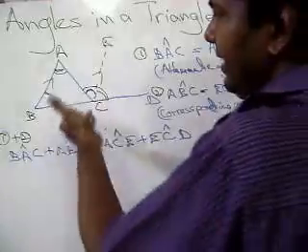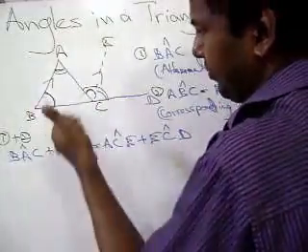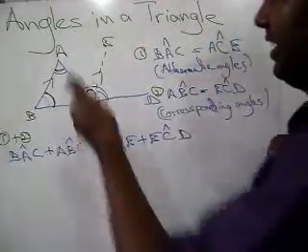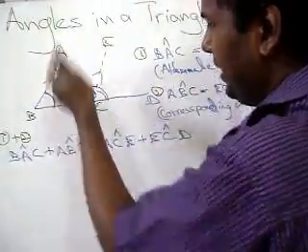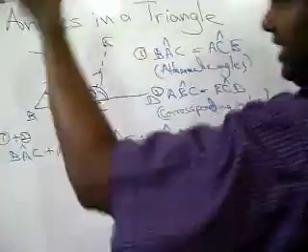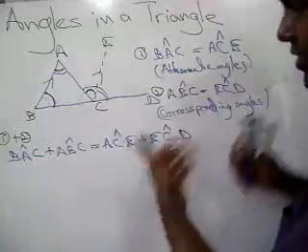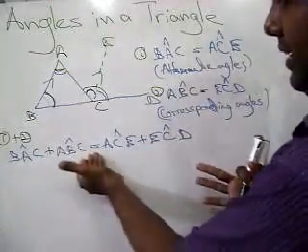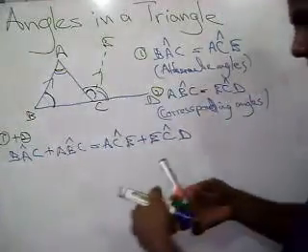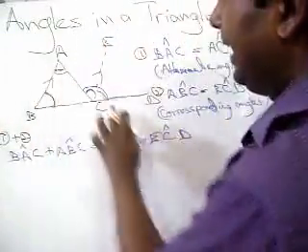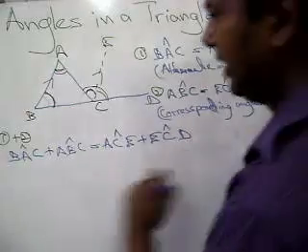So we can add this angle ACB to this side. So in order to maintain the equality of this equation, if we add ACB to the left side of the equation, we will have to add ACB to the right side also, because we want to maintain the equality. So let's do that. So we are adding ACB to both sides of the equation.